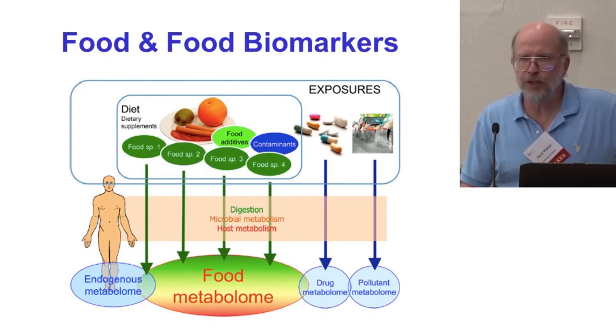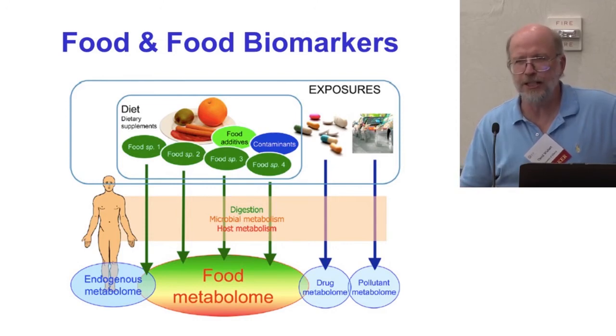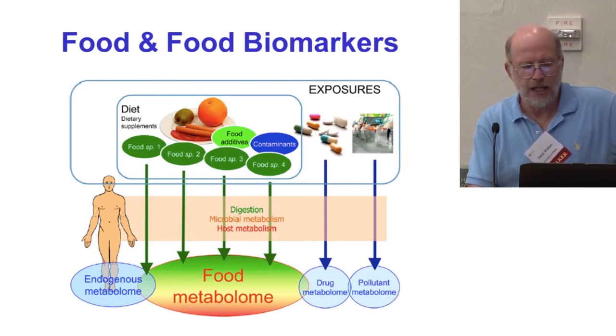Food is transformed to the food metabolome. Drugs are transformed to the drug metabolome. Pollutants are transformed to the pollutant metabolome. And then there's that endogenous metabolome, the compounds that we need and produce ourselves to live and grow.